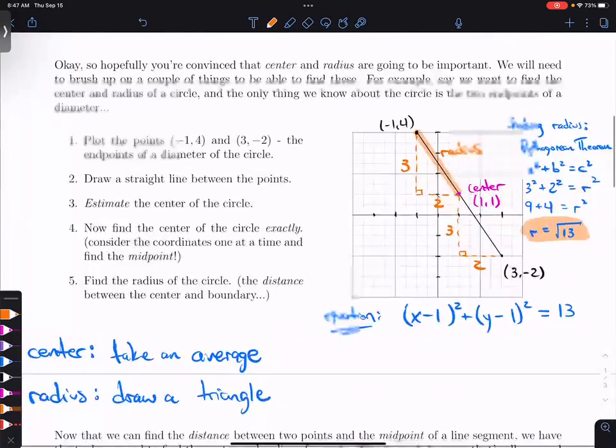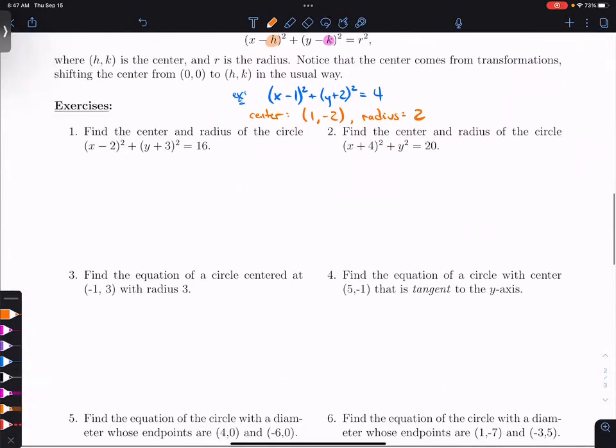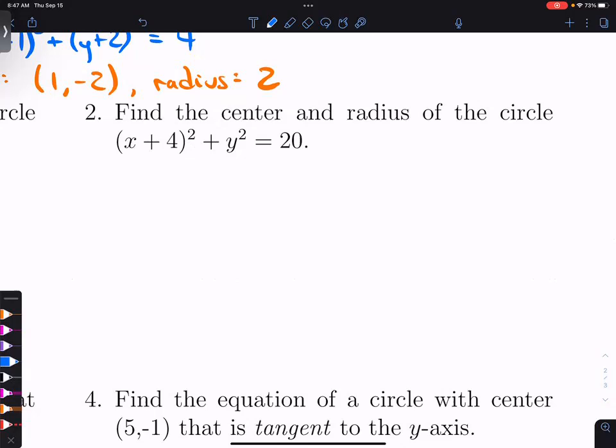Okay, so what are the center and radius of this circle? Again, start by default at the origin, right?